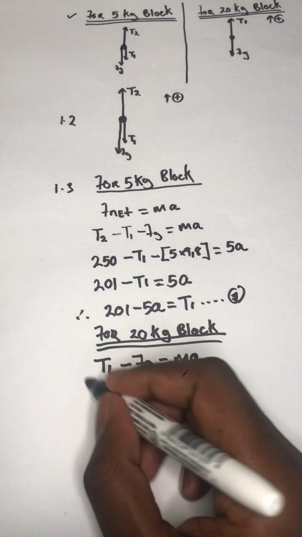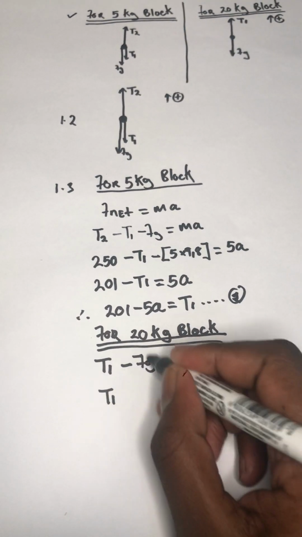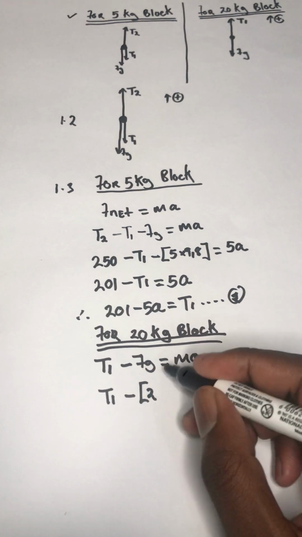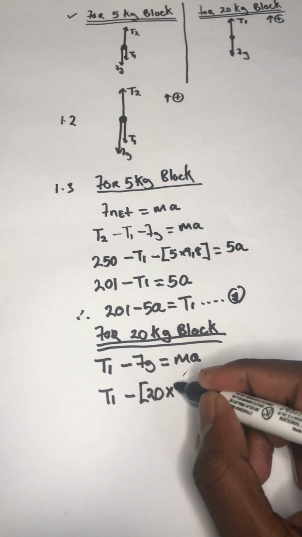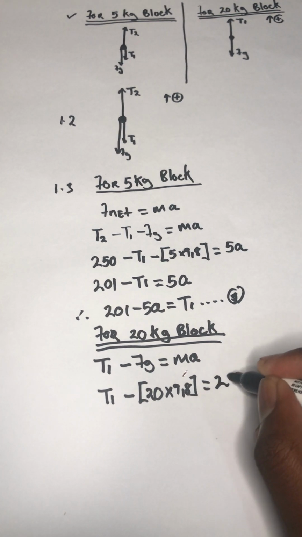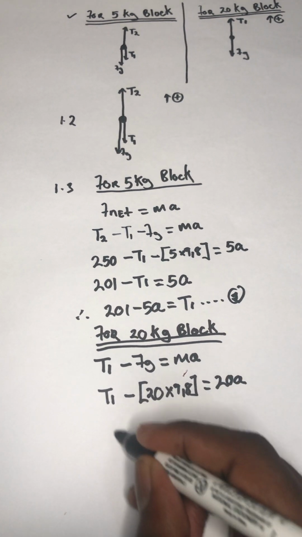T1 minus gravity, 20 times 9,8, is equal to 20a.